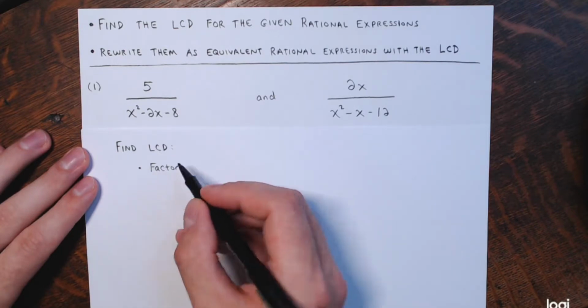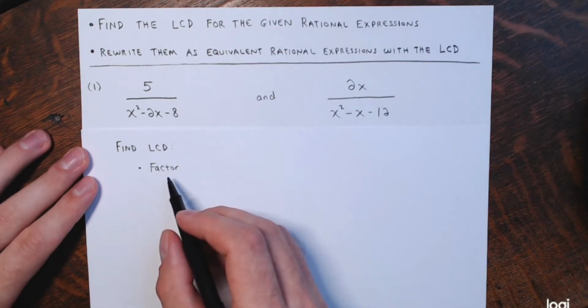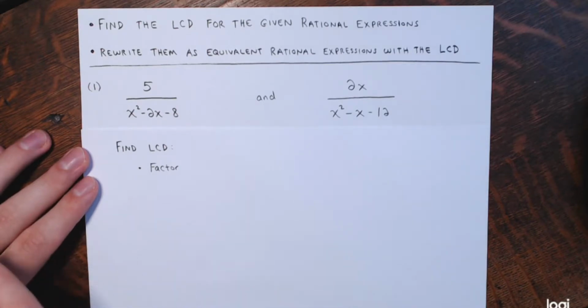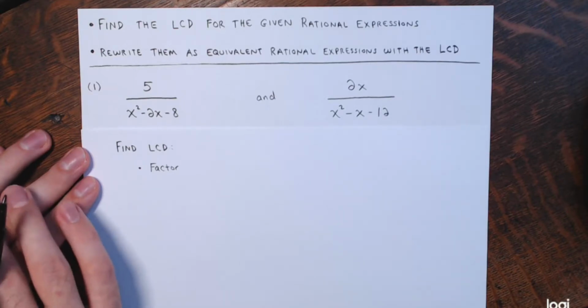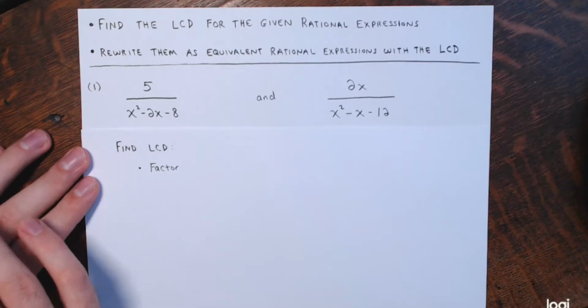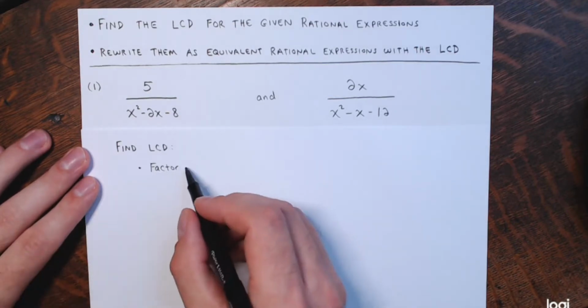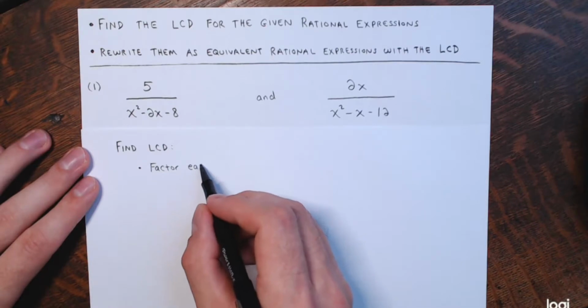And I'm going to assume that you know how to factor polynomials. If you do not, or if you're unfamiliar, a good way to refresh your memory would be to go through chapter 6 of that OpenStax Intermediate Algebra 2nd edition text. All the sections in chapter 6 have to do with factoring polynomials. So factor each denominator completely.